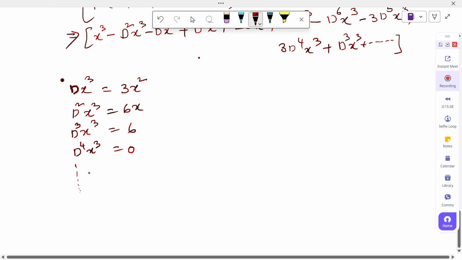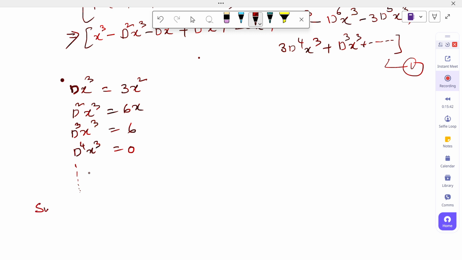Substitute all these values into equation number 1.